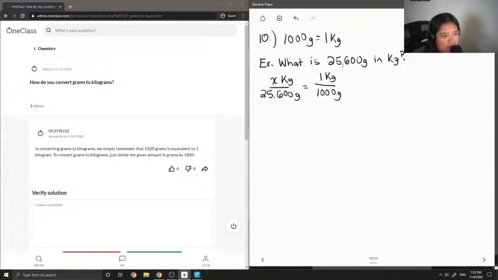Okay, so whatever your desired units are will always be the numerator, and whatever you're trying to get rid of and whatever you start with will be in the denominator. So you know you did it right if your units cancel out nicely.